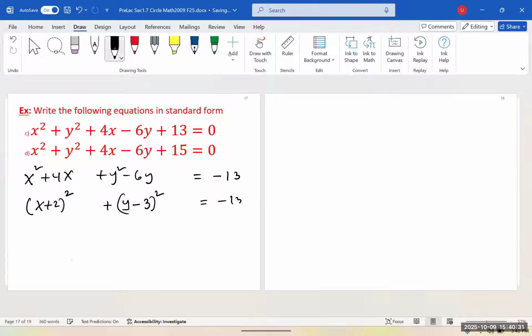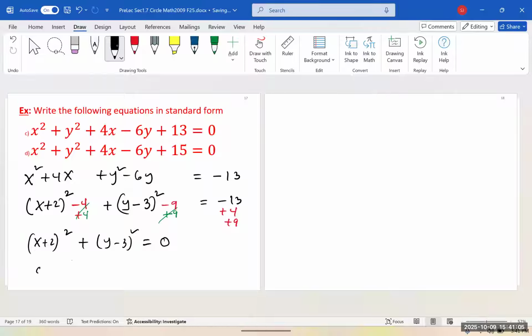We have negative 13. So how much are you adding on the right side? Minus 4, so you're going to add 4. Minus 9, so you're going to add 9. They cancel out. So you have x plus 2 squared plus y minus 3 squared equals 0.